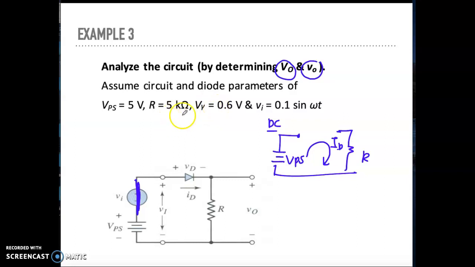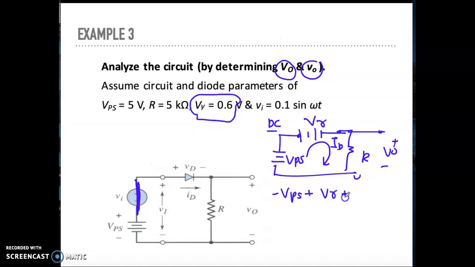Now let's see the question. It gives you only V gamma, so you know this is PLM1, not PLM2. So replace your diode with V gamma. Then next, here is your V out, right? The question wants V out, the DC output voltage. So by using KVL, minus VPS plus V gamma plus V out is equal to 0.